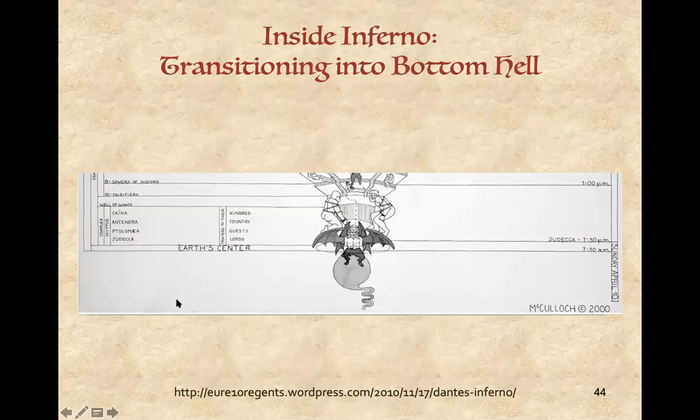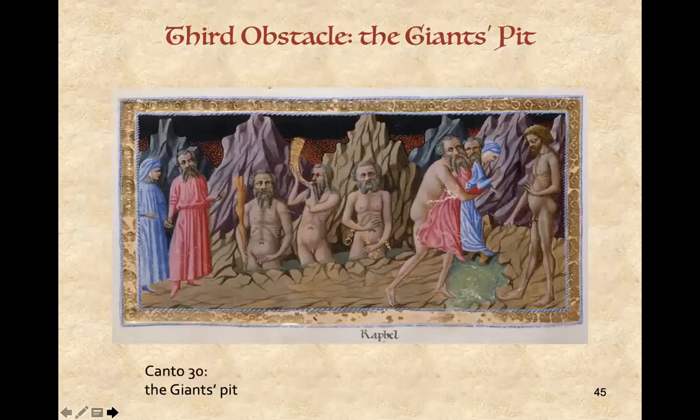After these encounters with traitors, Dante and Virgil once again need to face another obstacle, and that is a huge pit. And in this pit, there are a number of giants, the giants that represent the human race before the human race somehow.